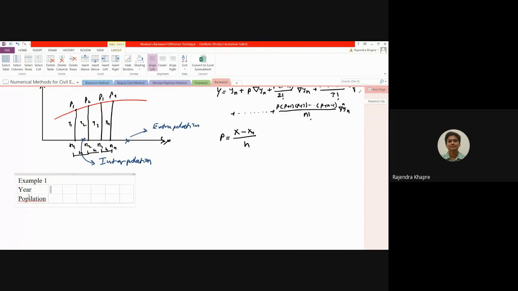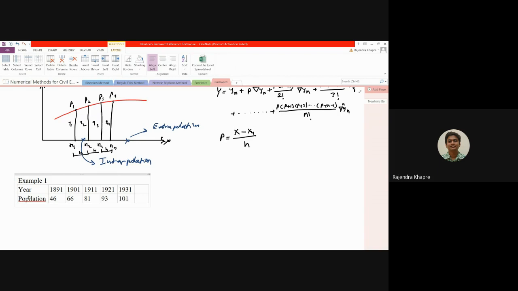The years are 1891, 1901, 1911, 1921, then 1931. Only this much data is there, and the populations were 46, 66, 81, 93, and 101.